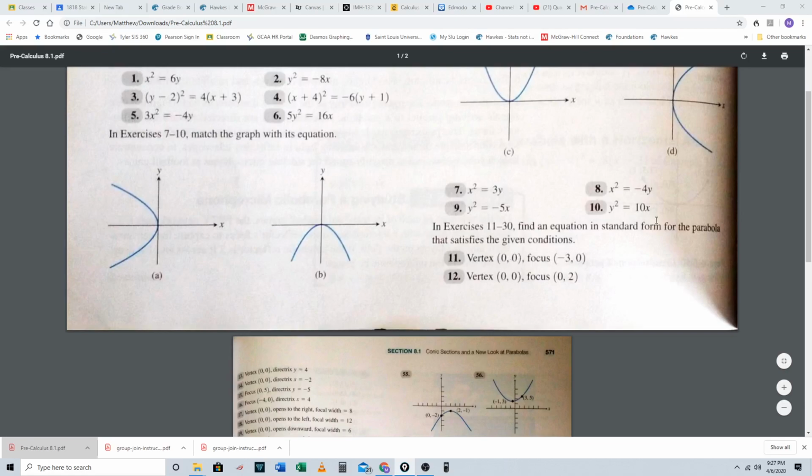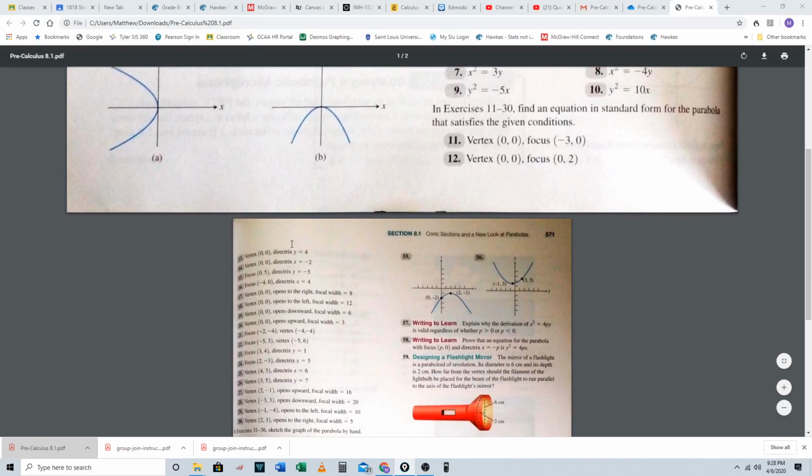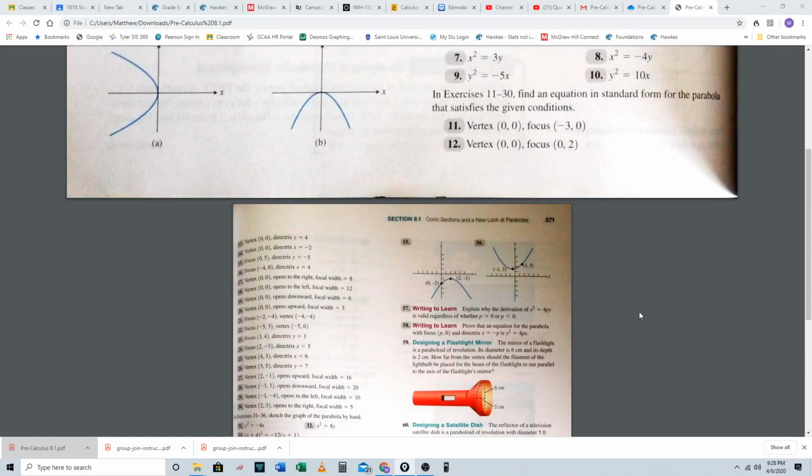Okay, so they want us to write the equation based on the information. Now, all the equations that say vertex at 0, 0, so all the way down to number 19, means that all I'm going to do is I'm going to either use, so let me write this down so we can see it. Okay.